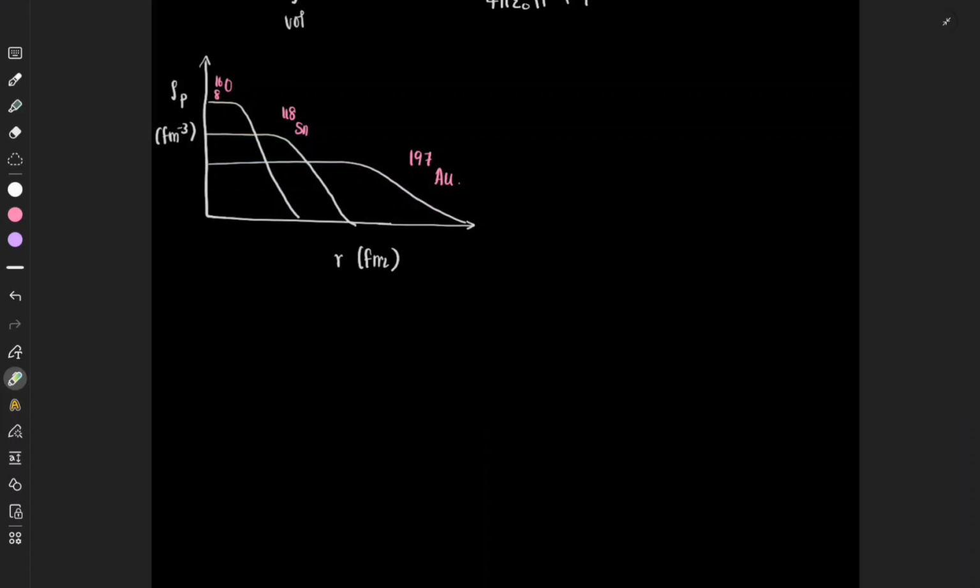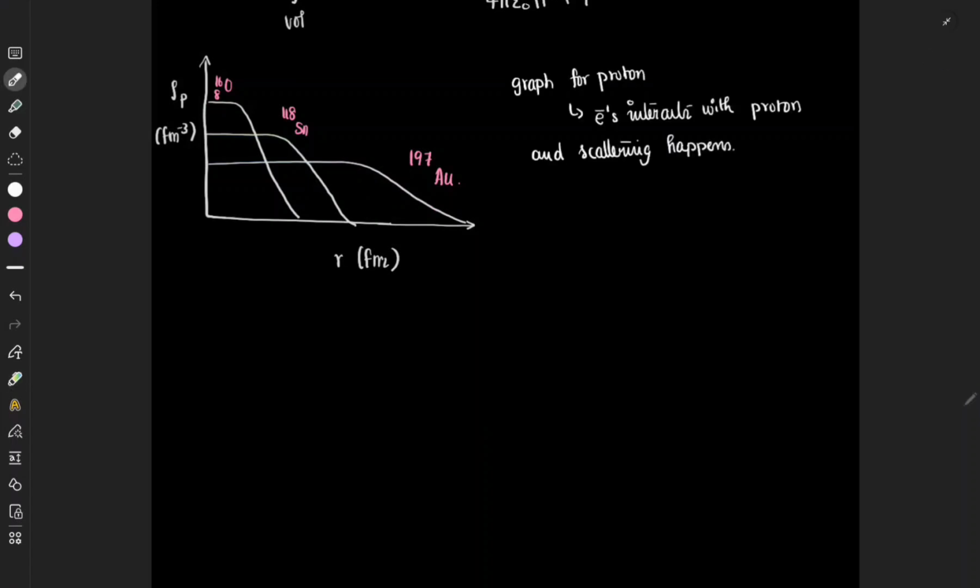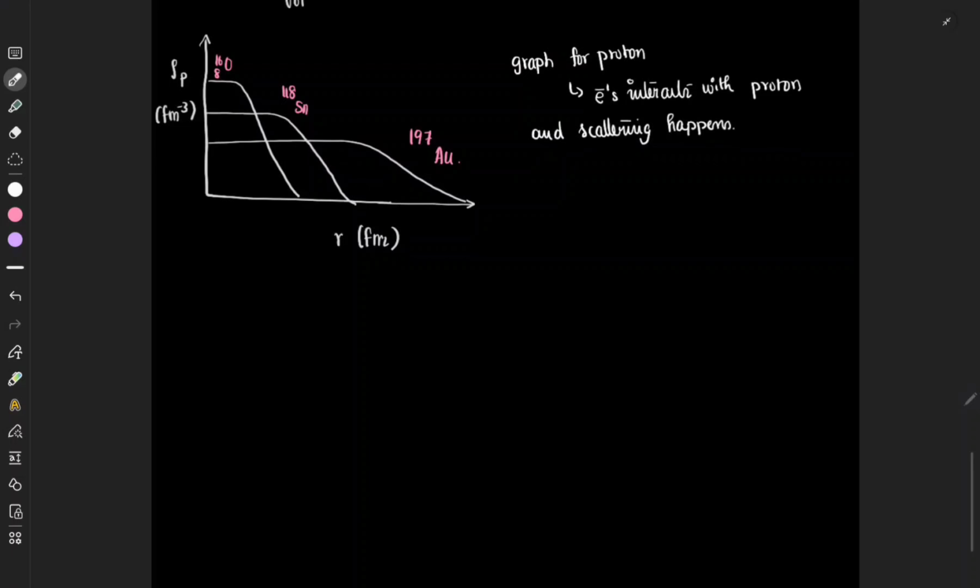So I'll write these points. Also, heavier nuclei will have a larger radius and slightly lower central charge density. So we can say that heavier nuclei have a large radius and lower central charge density.